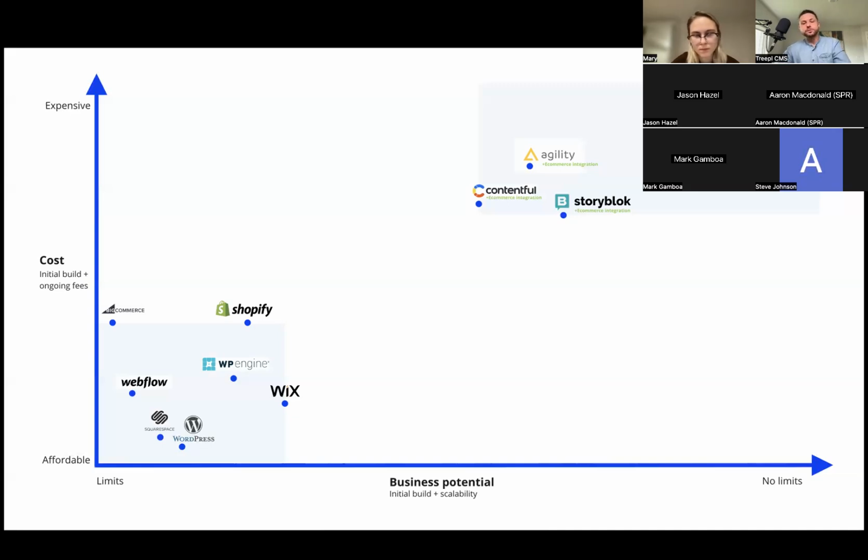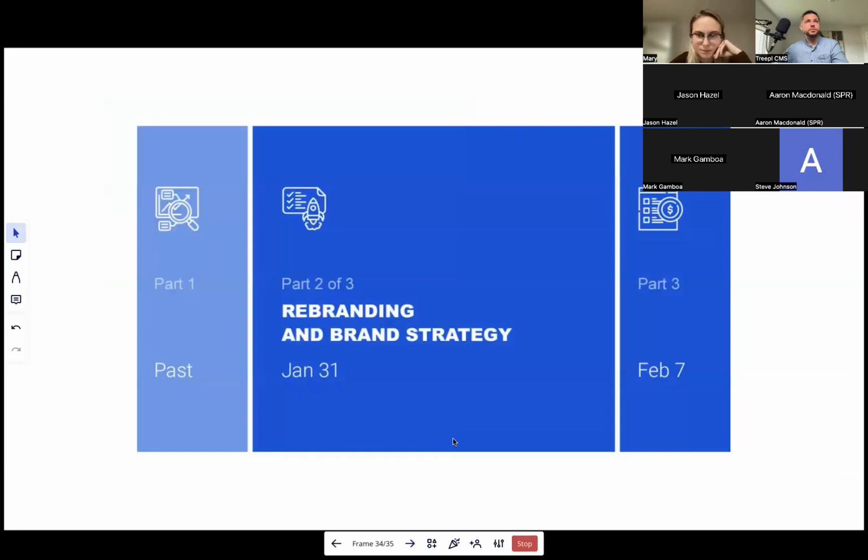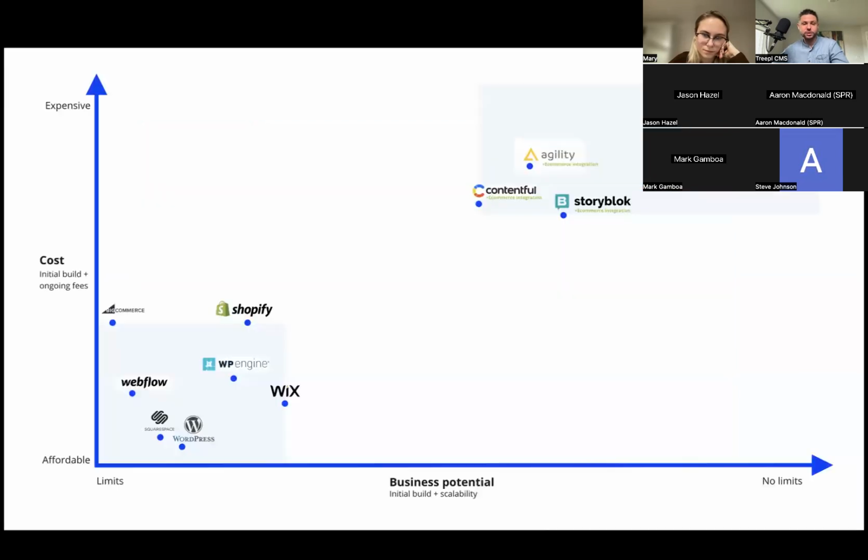Which leads me to the announcement of the next meeting that we're going to have next week, exactly a week from now. We're going to start our next meeting with Treepl's current position on the market in this landscape, on this graph, and where we want to move our platform in the future.